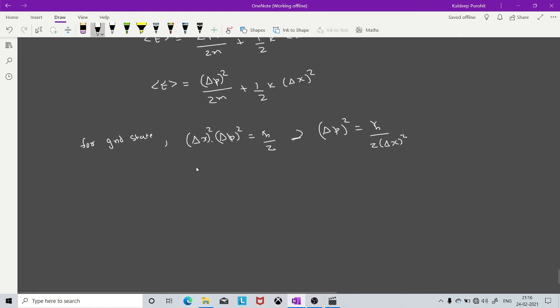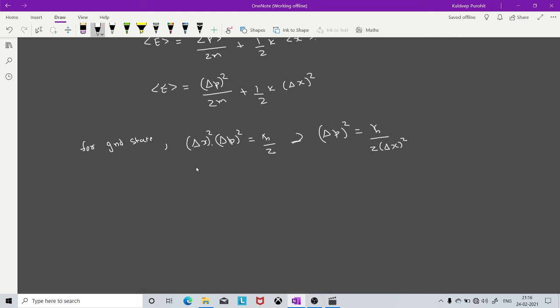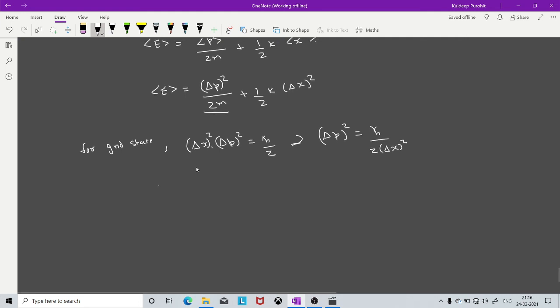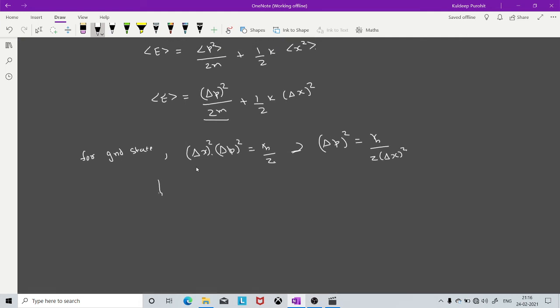If I substitute this value of delta p square in this expression, then I will get h cross square.